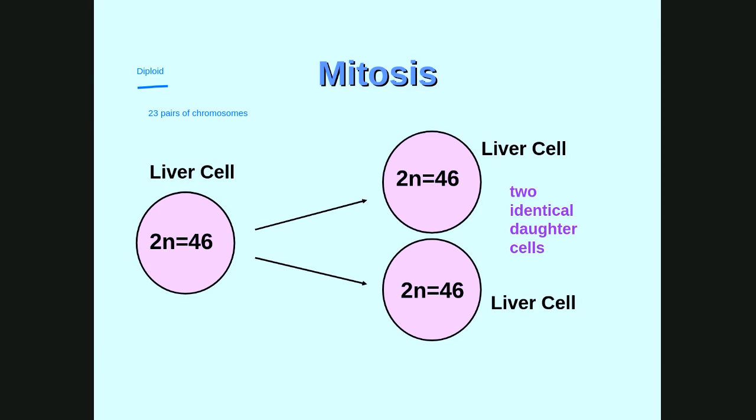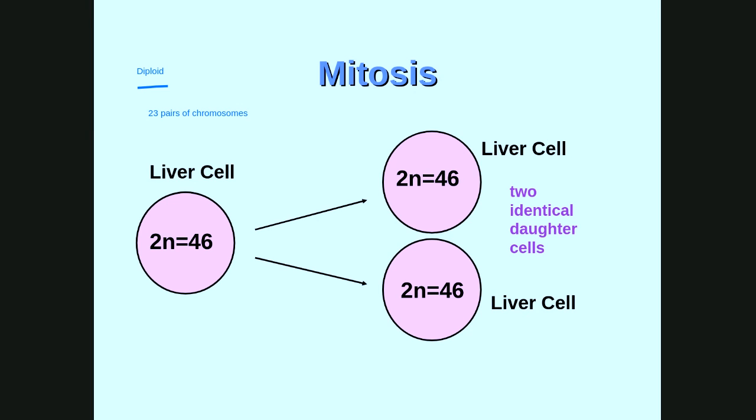So when the cell divides with the help of mitosis, it produces daughter cells with the same number of chromosomes as their parent or mother cell had. This is the mother cell, and these are the two daughter cells.